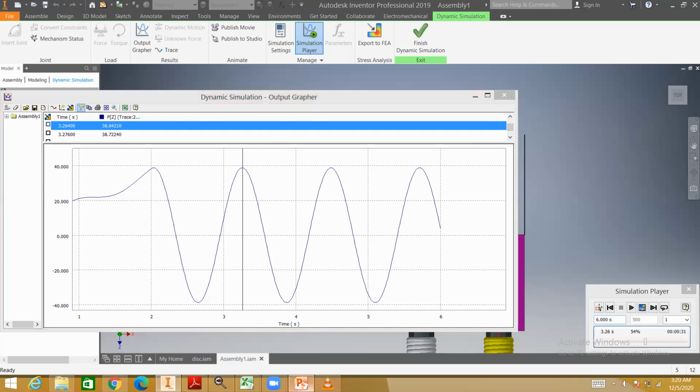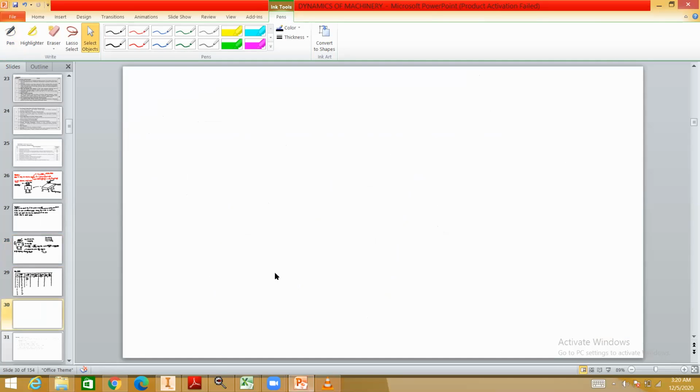So in the write-up, the first part is omega n calculation by experiment.